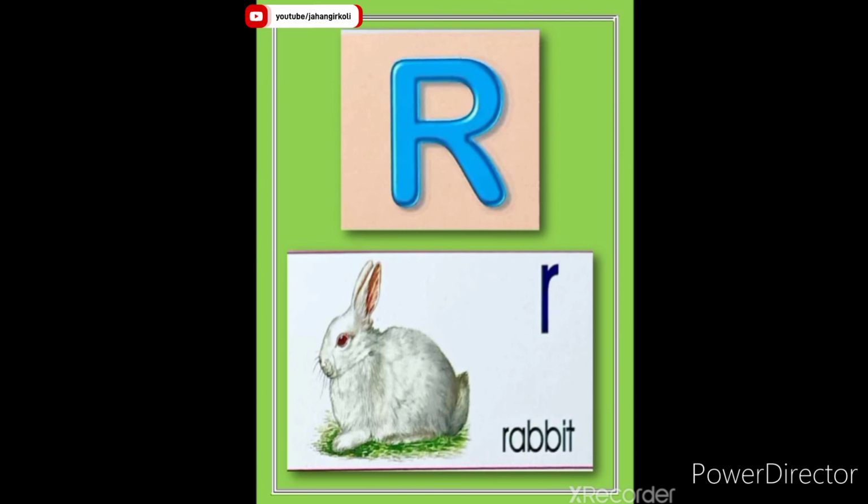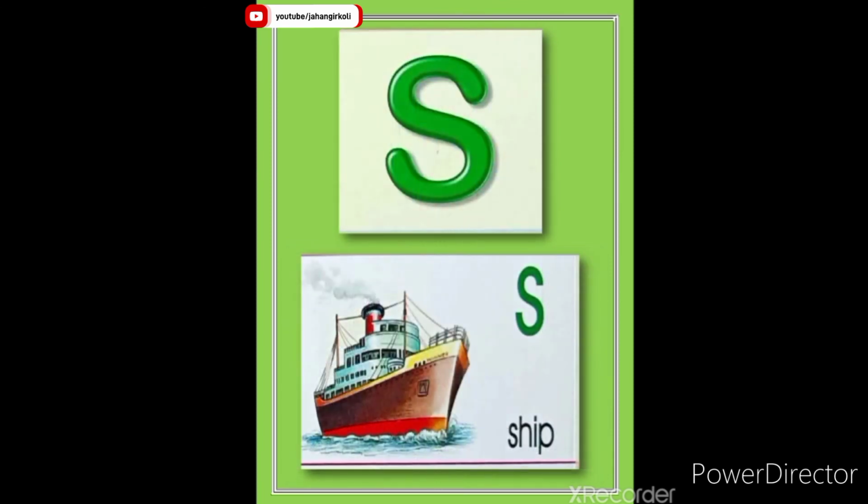R-A-B-B-I-T, rabbit. R is for rabbit. S is for sheep. S-H-E-E-P, sheep. S is for sheep.